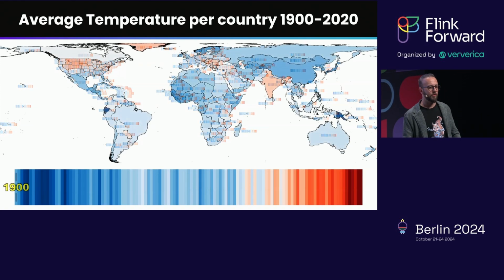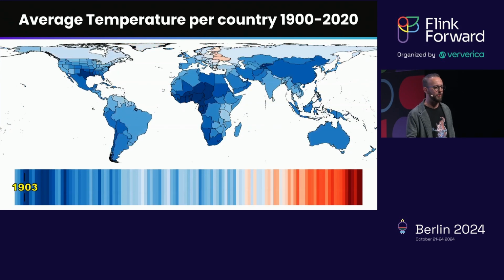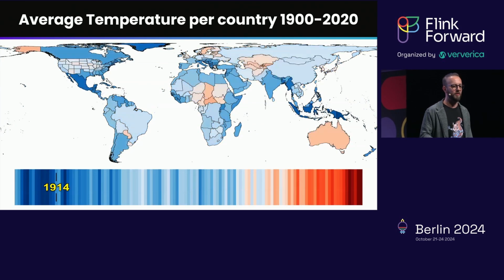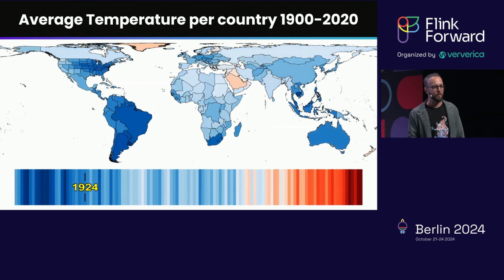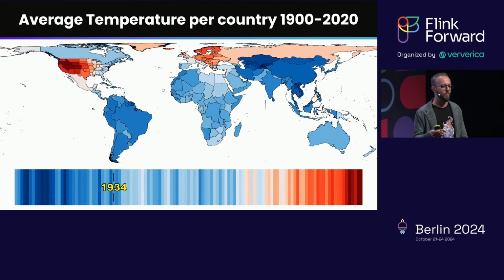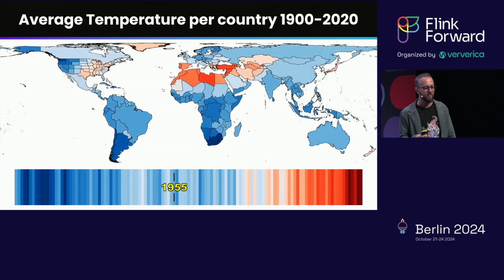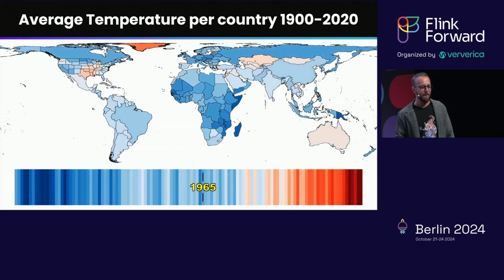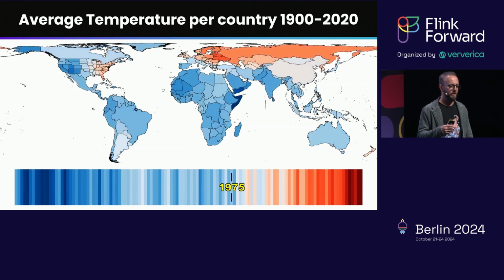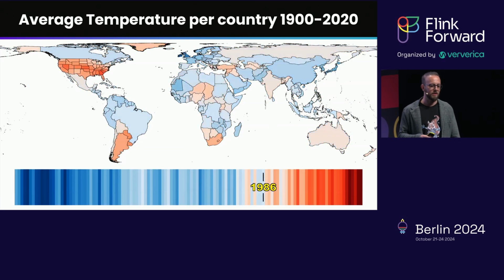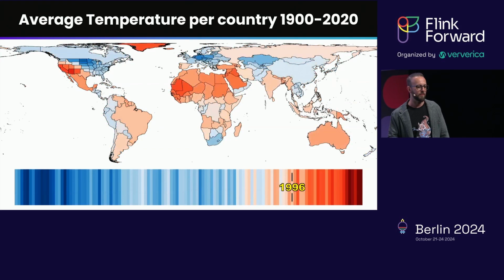So here's a short video that shows global temperature trends by country over the last 100 years. The blue color represents temperature which is below the average, while the red one represents a temperature over the average. And here come the 80s, Industrial Revolution 3.0.